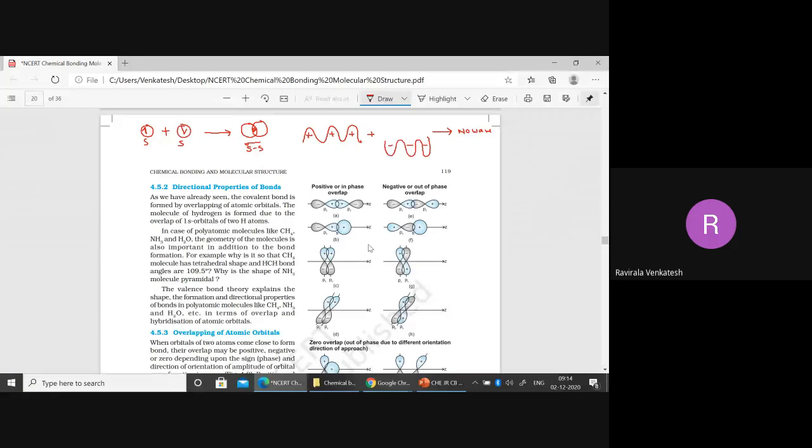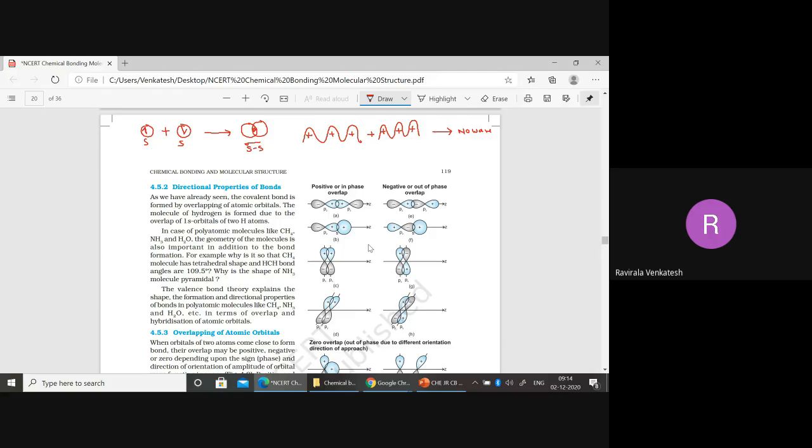Understood this one? This is called destructive interference. You will get this in the physics section. Now I'll take constructive interference, again plus and plus.